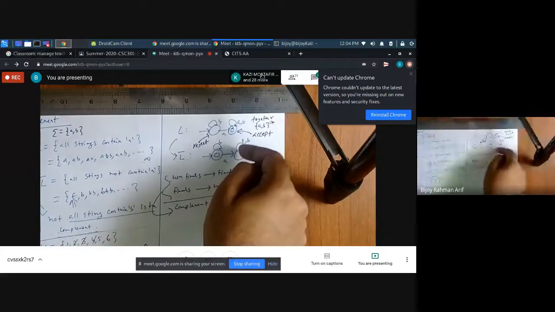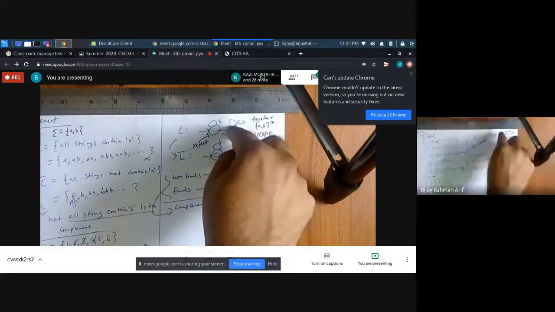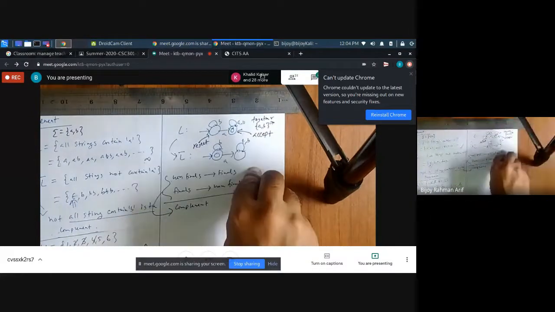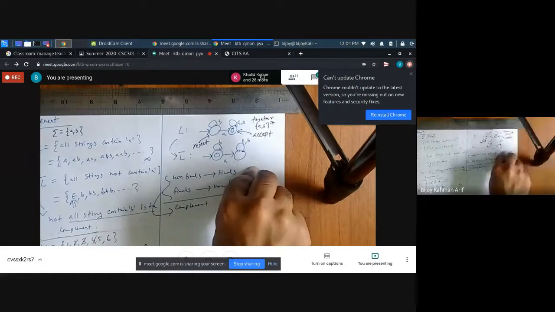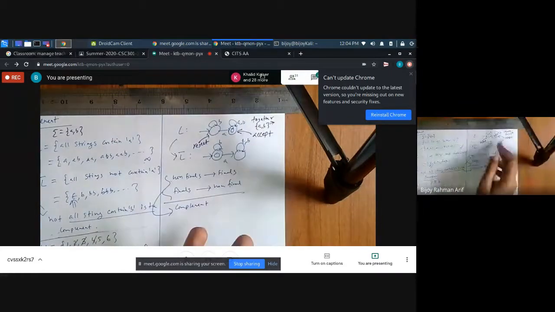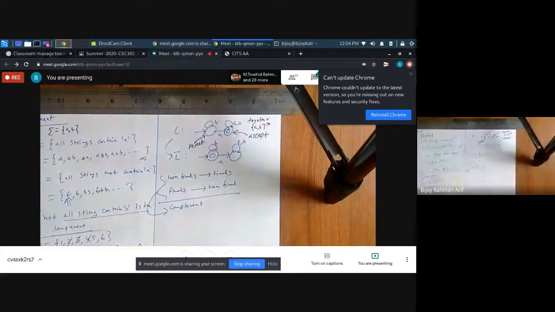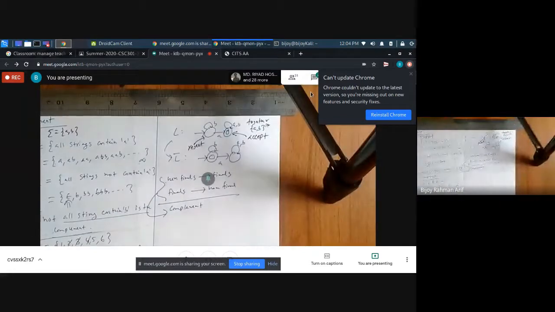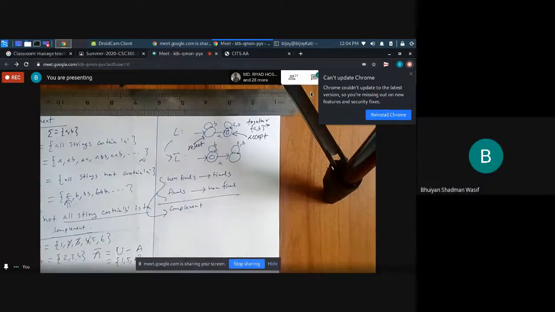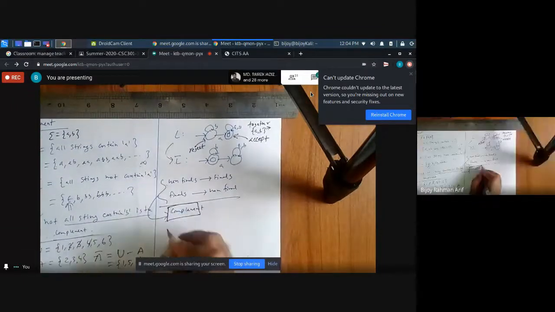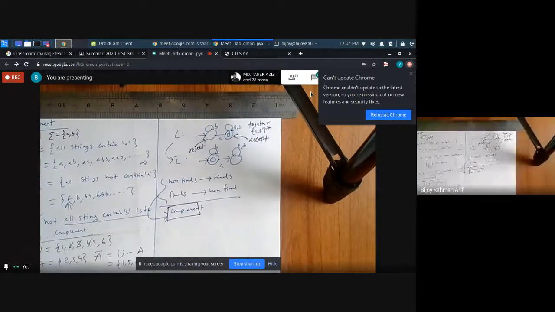So L complement would be this, but we are discarding this final state. And naturally, if we discard this one, the other states would become the final states. So that is the case. Did you get it? Yes, sir. That is the definition of complement.